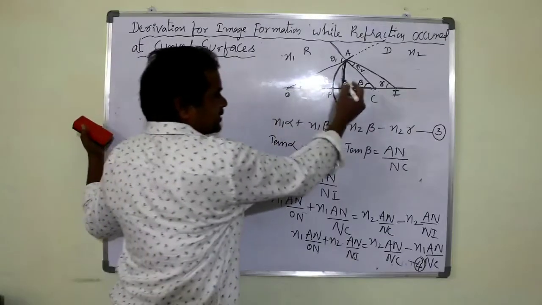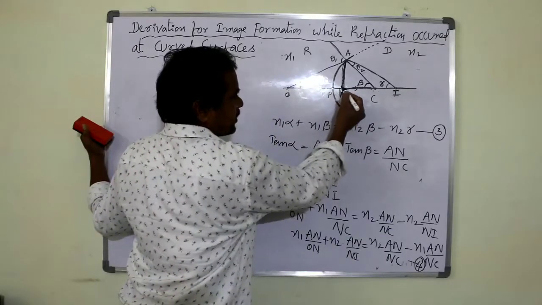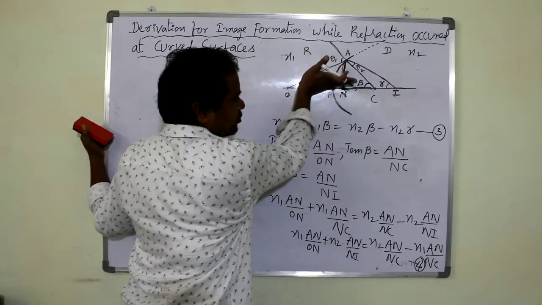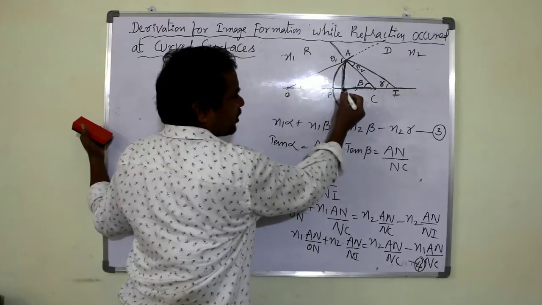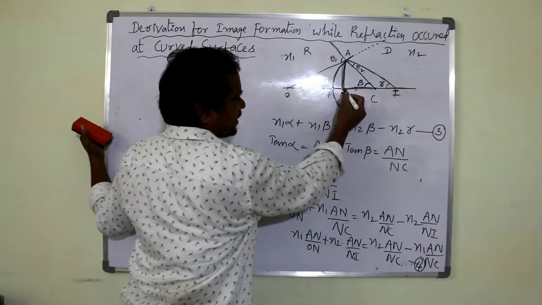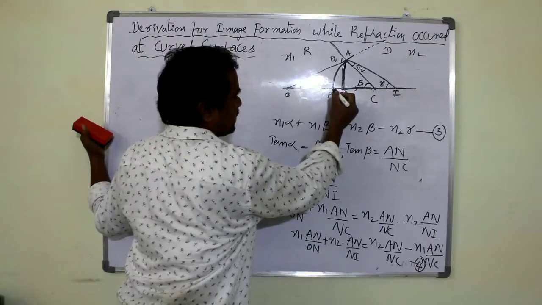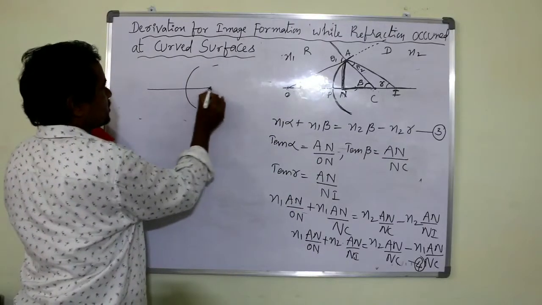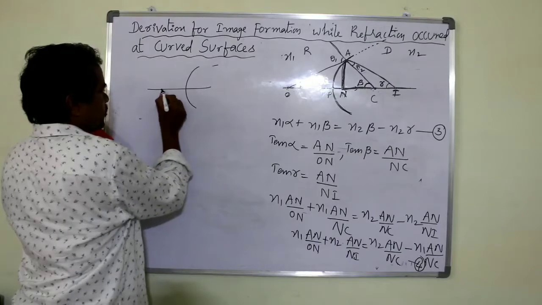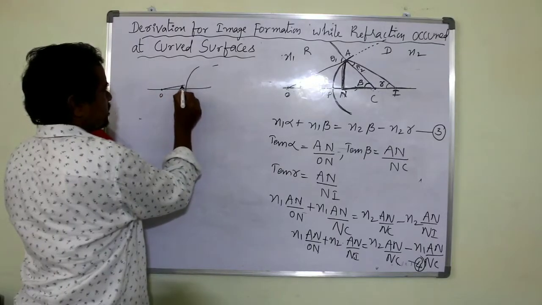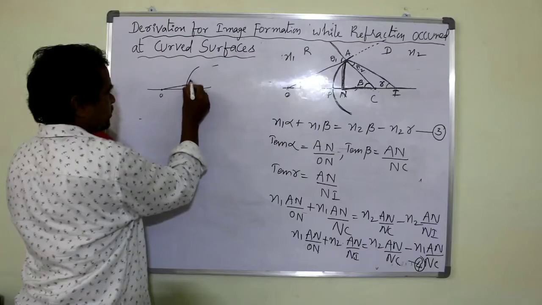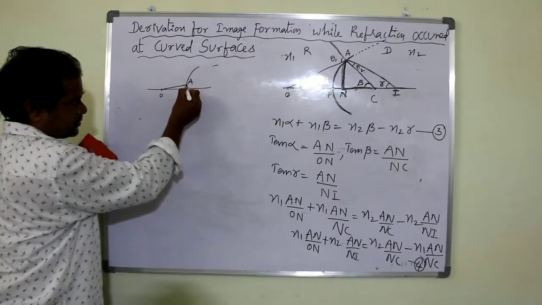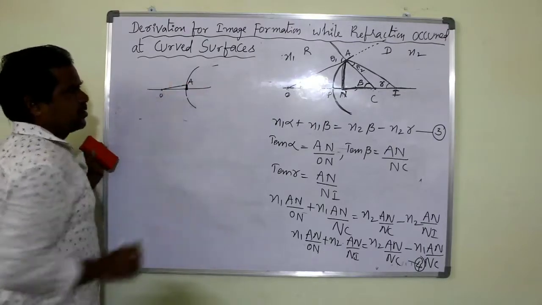In the case of paraxial rays, meaning the rays traveling very near to the principal axis, the point N must coincide with the point P. For example, this is a curved surface, this is point object O, and one light ray which moves very near to the principal axis is incident at point A. If you draw a normal from this point A to the principal axis, it must coincide with the pole.